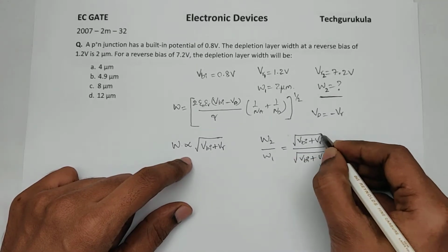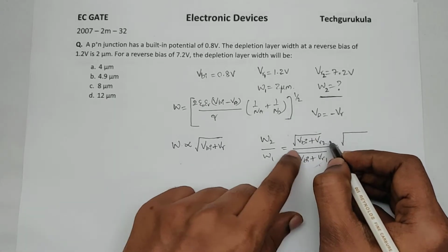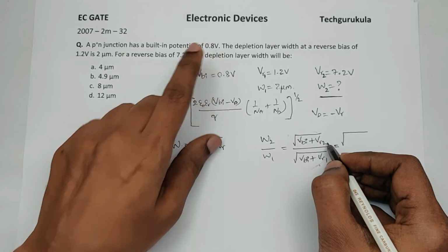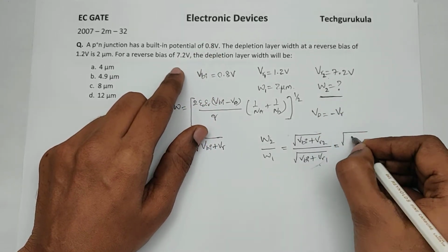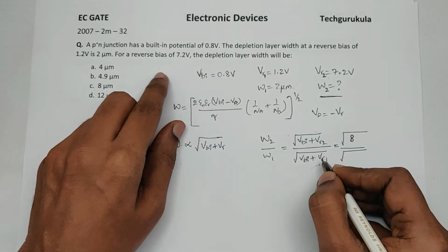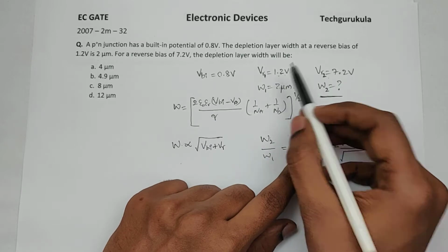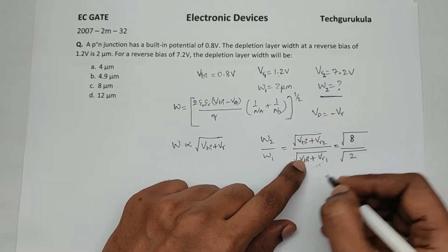So let me find this out. This value would be the square root of VBI, which is 0.8, plus VR2, which is 7.2, that is the square root of 8, divided by the square root of VBI 0.8 plus VR1 1.2, which is 2.